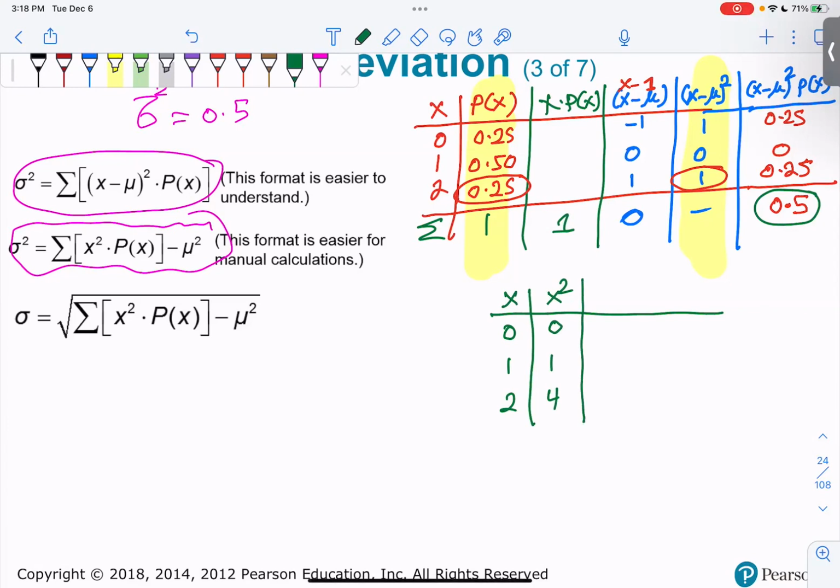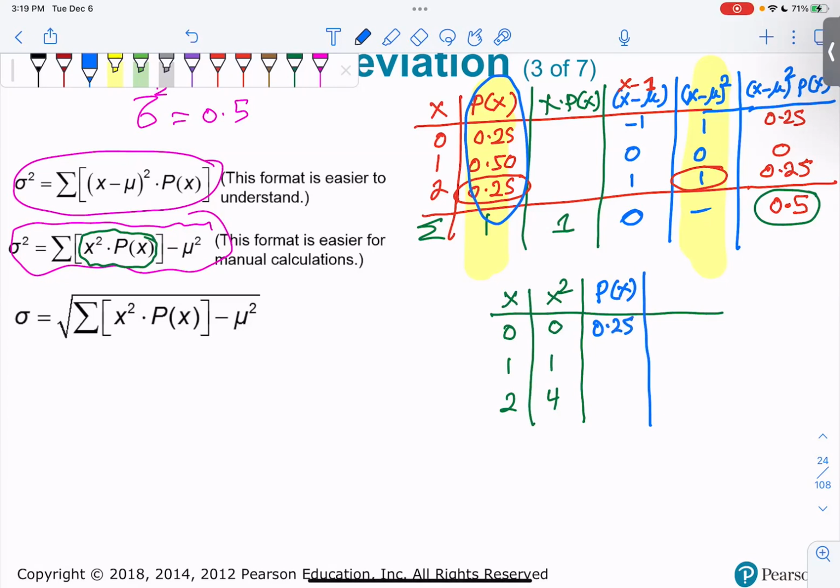And then what we have to find is x squared times probability of x. Let me put the probability of x so it will be easier. So probability of x here, which is those values, right?